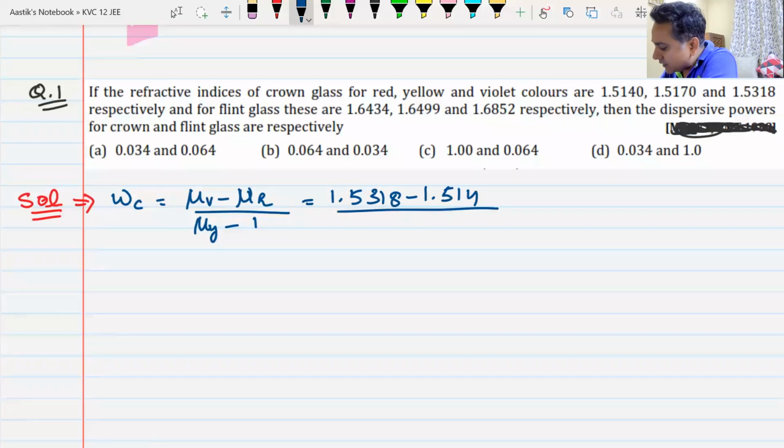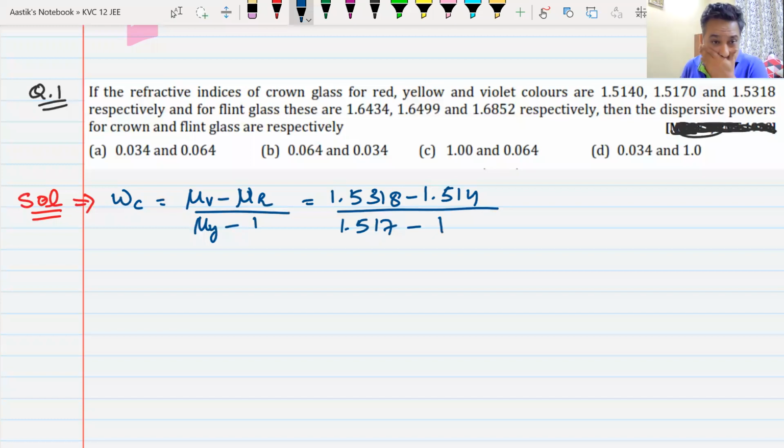1.514 divided by 1.517 minus 1. Have I put it correctly? Now, if I solve this, I think I will get 0.034. Yes or no? Anyone got this?